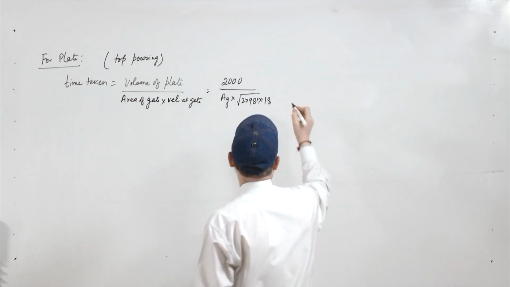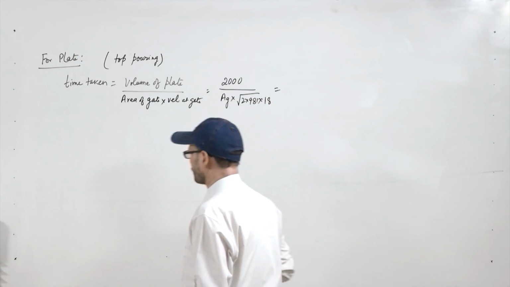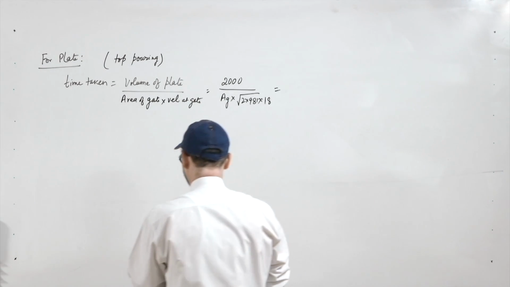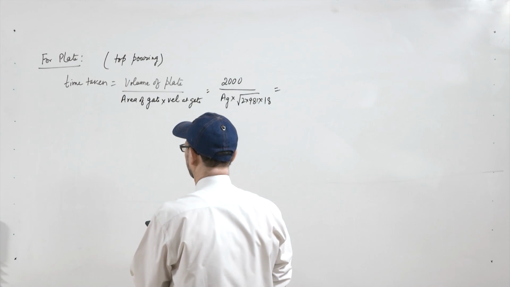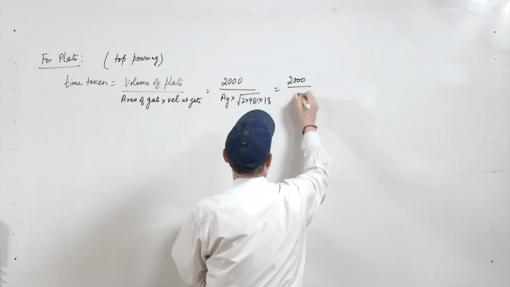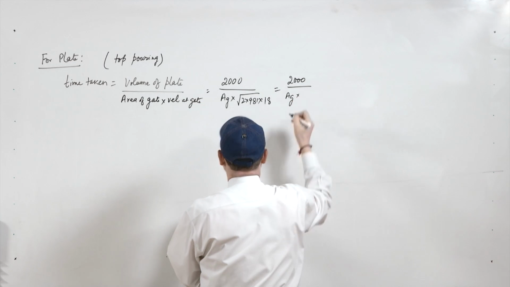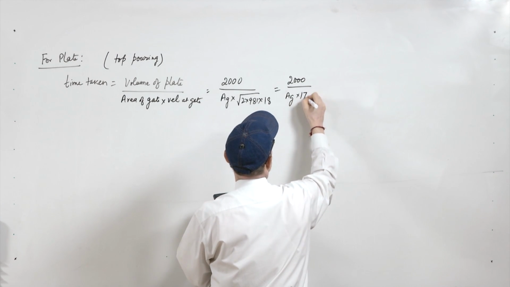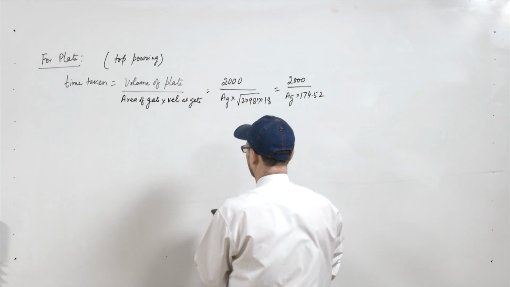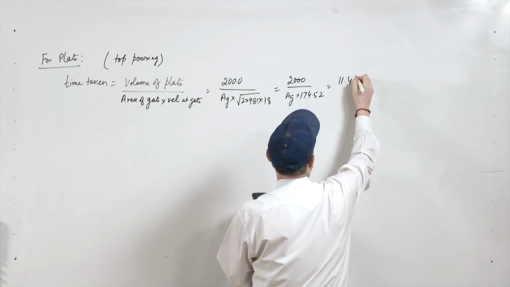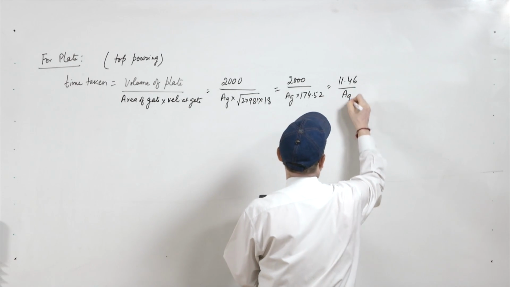So, if we find this value, it will be 2000 divided by Ag into 174.52, that is 11.46 upon Ag.